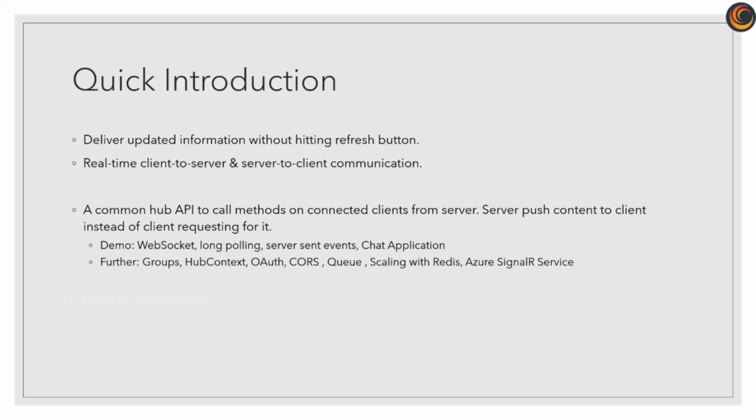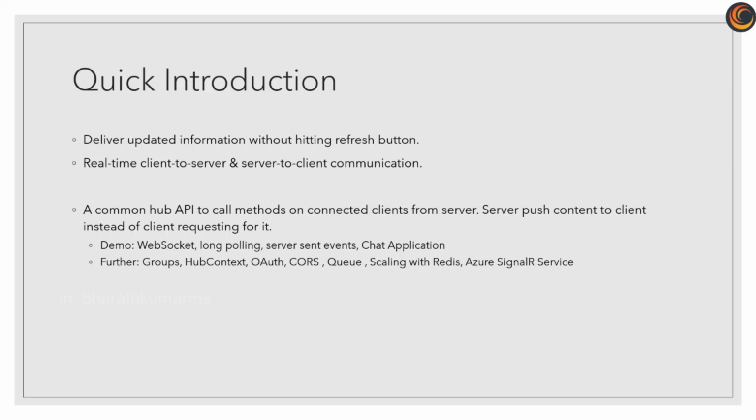The SignalR Hub API enables you to call methods on connected clients from the server in a .NET application. We will see that in action by creating a chat app where messages move between clients in real time.